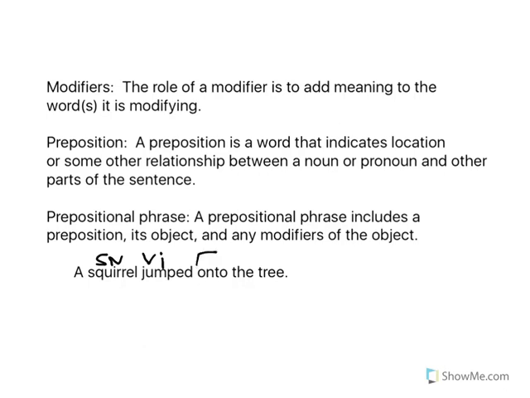And here, onto the tree is our prepositional phrase. It includes a preposition, onto, its object, tree, and any modifiers of the object. The is a modifier. It's an article adjective, and it's modifying tree. It's telling which tree.